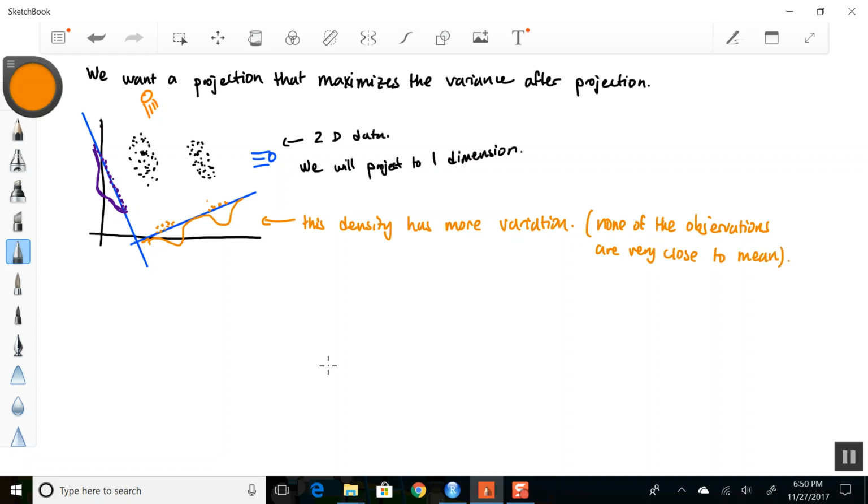Okay, and if we project it this way, we would preserve the cluster nature, the clustering structure in the data, whereas projecting it this way, we would not see that there are two distinct groups. Okay, so this projection preserves the two distinct groups in the data.